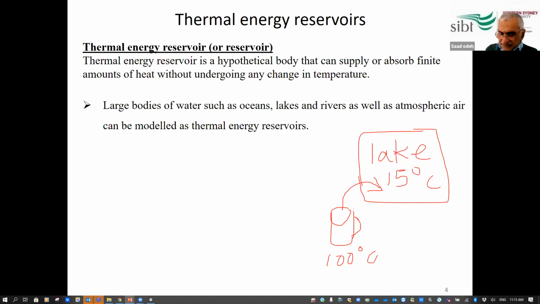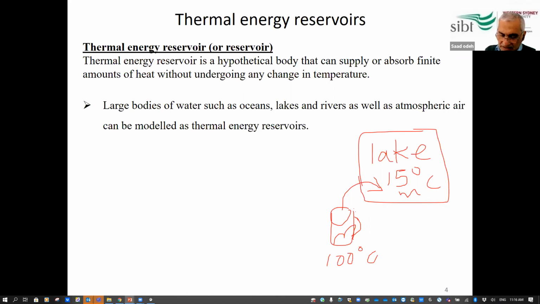Would this amount of water change the temperature of the lake? Can someone tell me? No, right? Why? Because the amount of water here compared with the mass of the lake is very tiny. Therefore, even if it's 100 Celsius, when you add it to the lake, the temperature will remain 15 Celsius, it will not change.